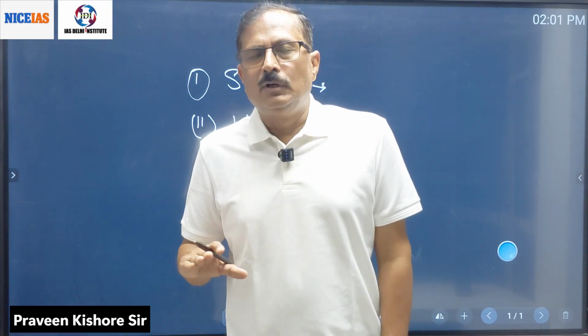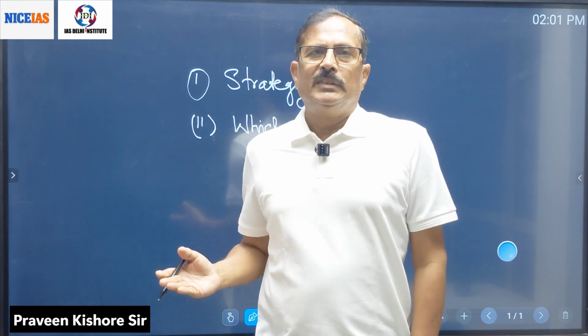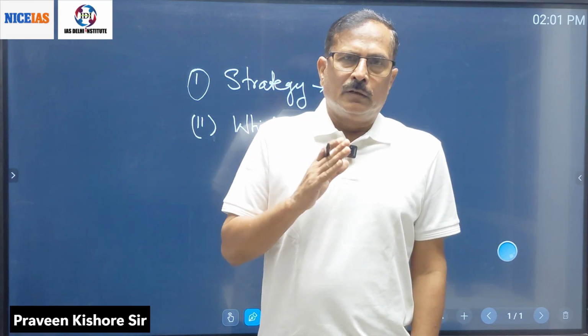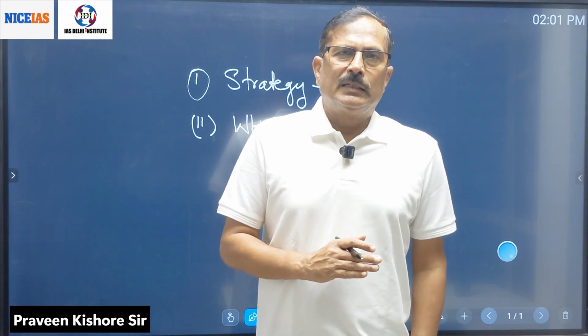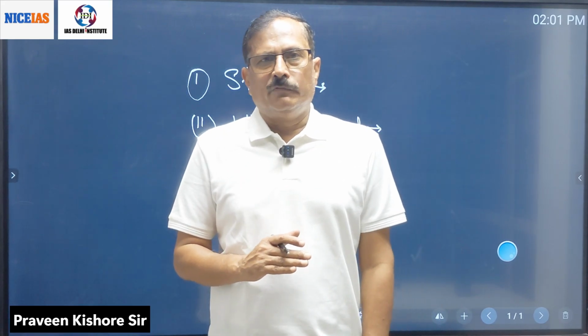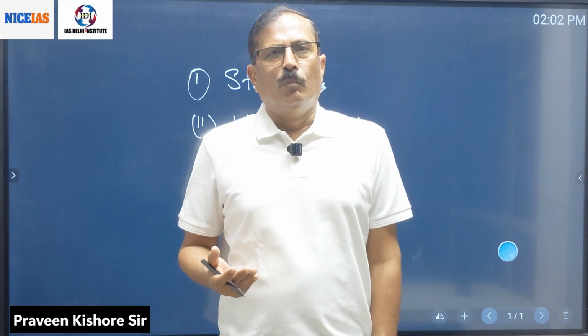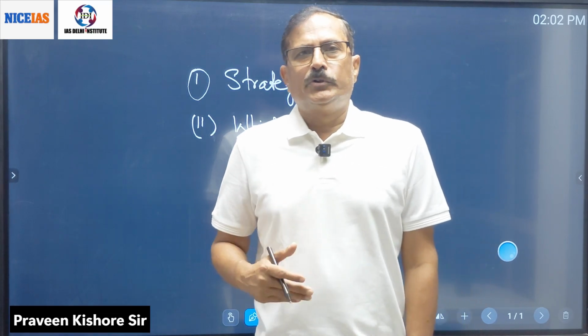It is absolutely wrong that this subject is more scoring and that subject is less scoring. Students, if you read the subject properly, if you approach it as per the requirement of the subject, only then will you score more. Now, why should you go for sociology optional?